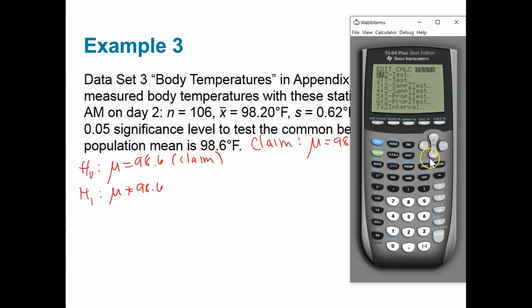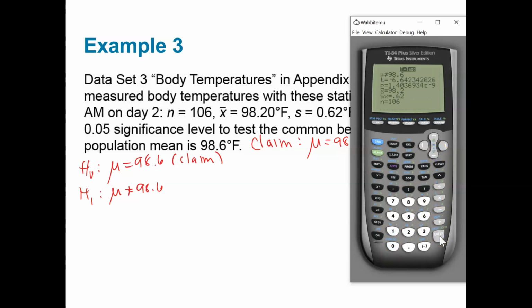We're going to do a t-test because we still don't know sigma. And we're talking about 98.6 degrees. Our sample mean is 98.2. Our sample standard deviation is 0.62. We have 106. And we've got not equal to.